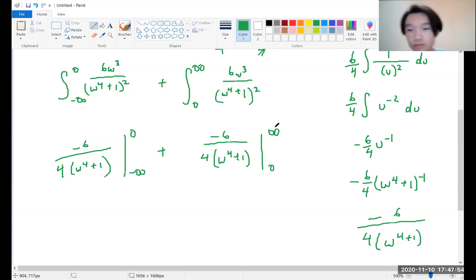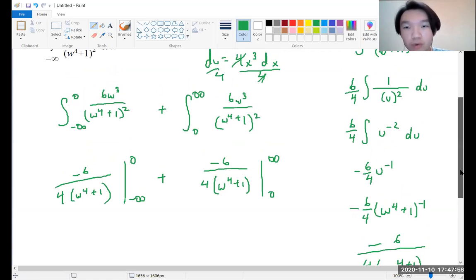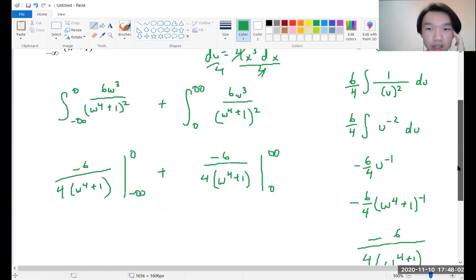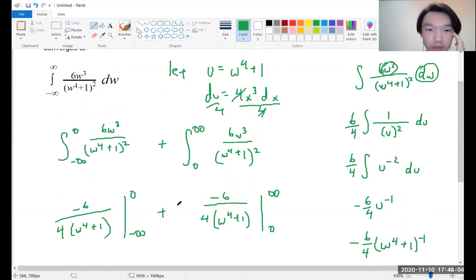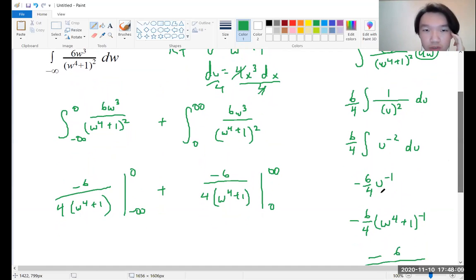Okay. So hopefully you guys are okay with that. Make sure you know how to integrate using u sub. And then at this step, you just need to evaluate the limits. Okay, so recall how to evaluate stuff when they go to infinity. So let's do that now.